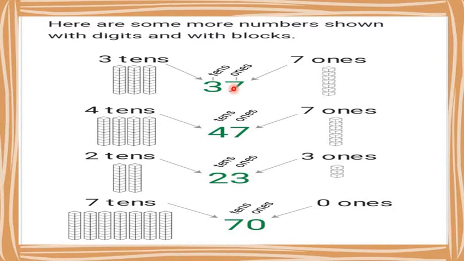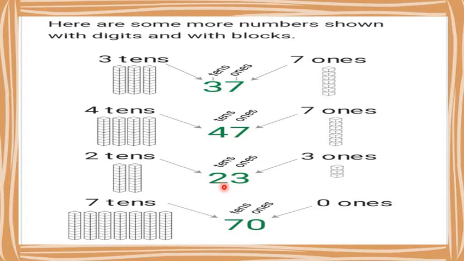Or if we want to say it like that, 37 is equal to 3 tens and 7 ones. Next we have the number 47. 47 means 4 tens and 7 ones. Or in the other way we can say that 4 tens and 7 ones means 47.